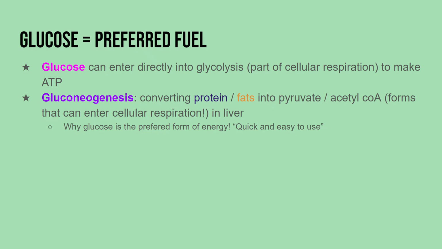So we can add that. So the liver converts the proteins or fats into these intermediates, and then they enter the blood, where they can enter cellular respiration. And this explains why glucose is the preferred form of energy, because it's so easy to use. It can just enter right into cellular respiration.